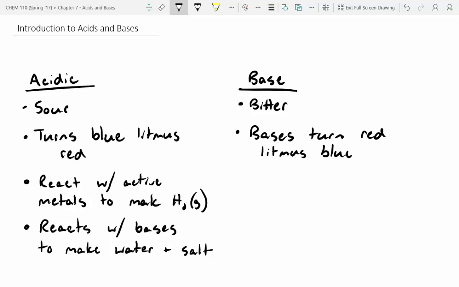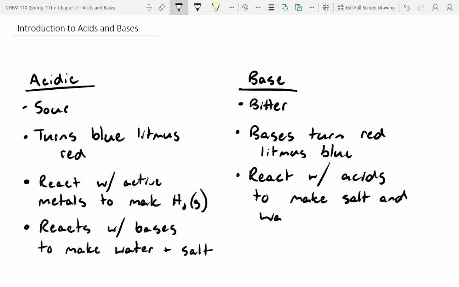That created a water solution, and then you had that salt left over, and that's what you were measuring. So that's a common thing with acids too. Bases, on the other hand, also will react with acids. So they're similar in that way.